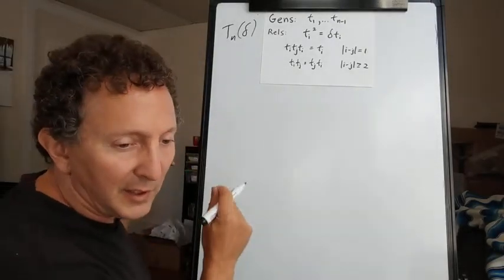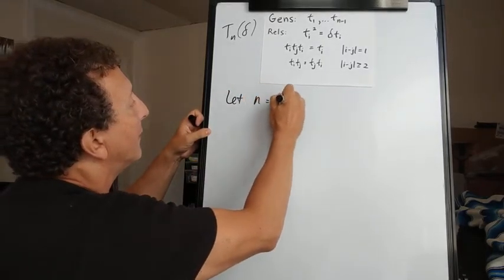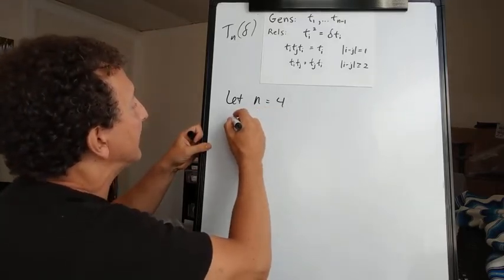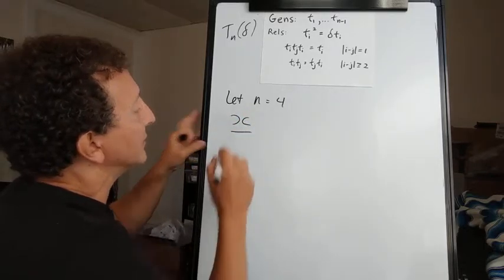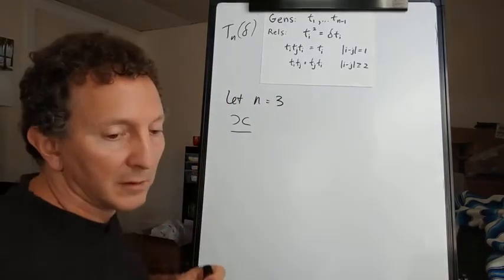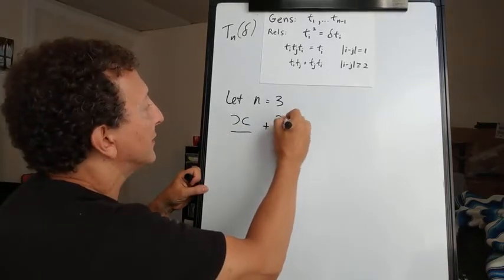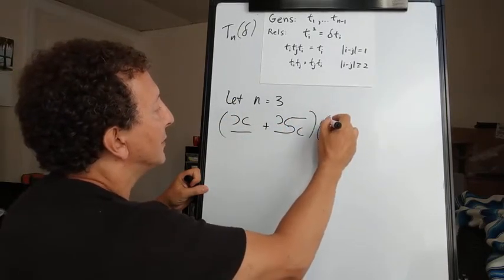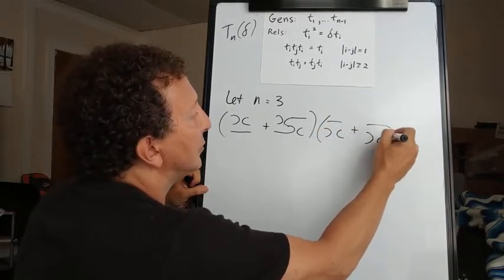Let n be equal to 4. And then we have, let's see, T1. Actually, I could even let n be equal to 3 for this. T1 plus T1, T2 times T2 plus T2, T1.